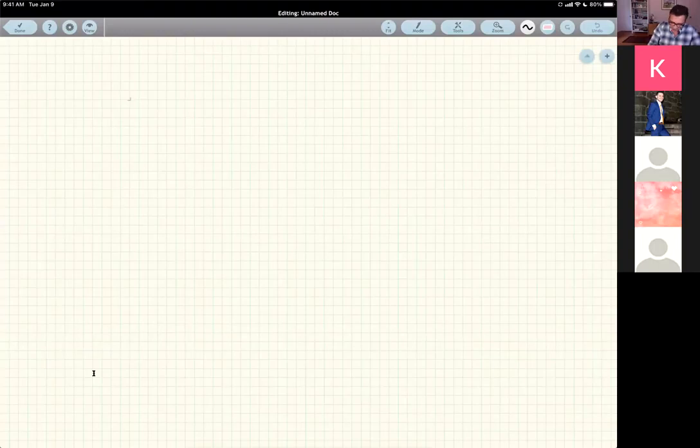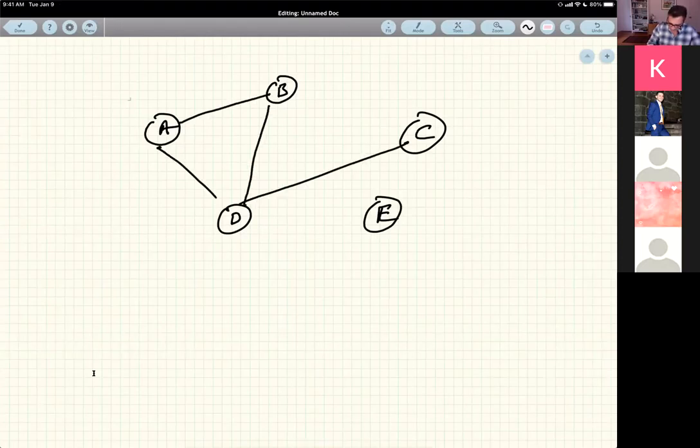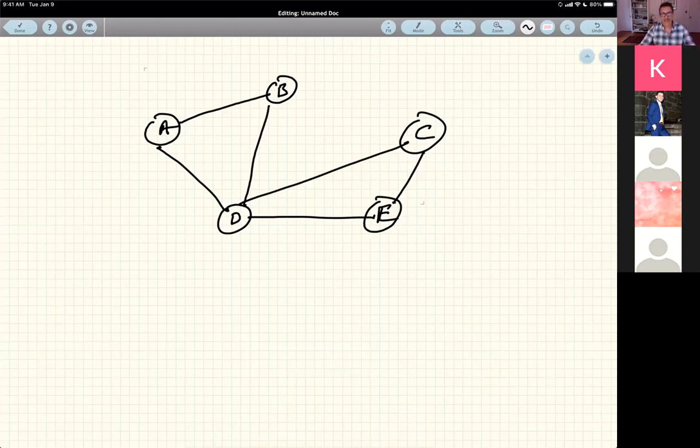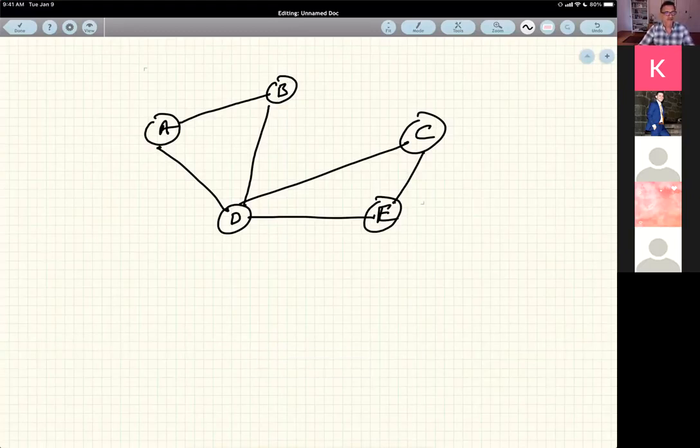So if I have vertex A, vertex B, vertex C, vertex D, and vertex E, I can have edges that connect these vertices, like that. This is a graph that has 5 vertices and 1, 2, 3, 4, 5, 6 edges.